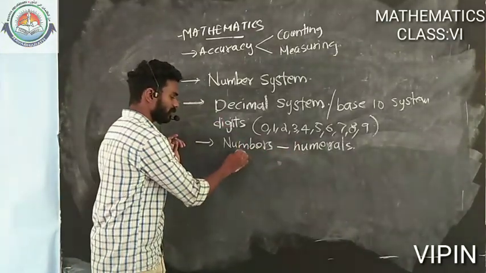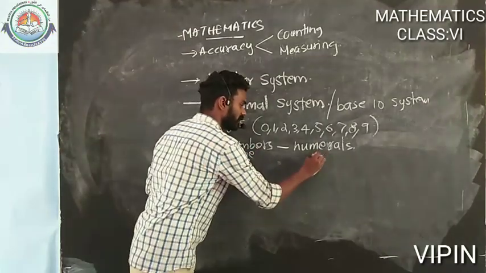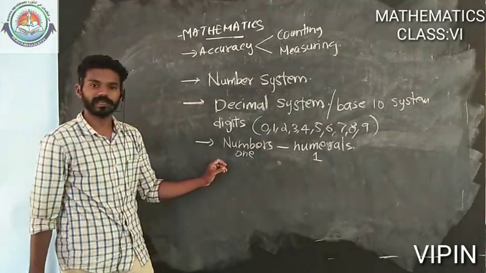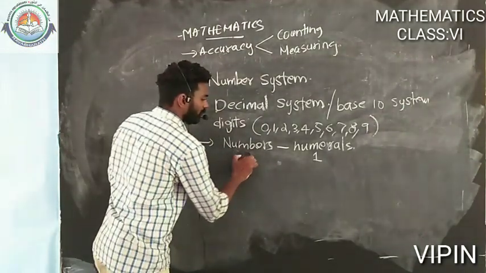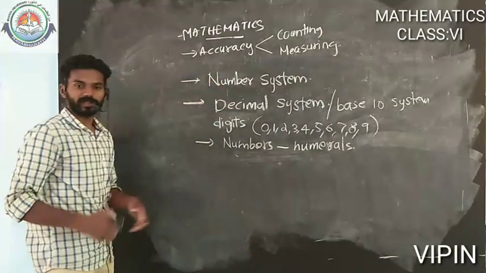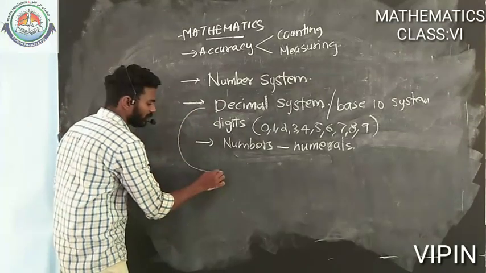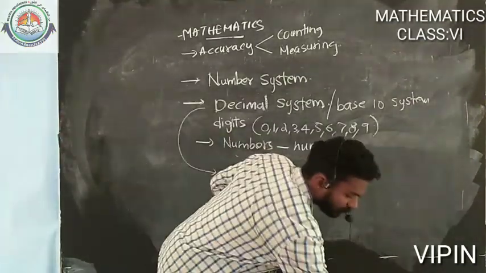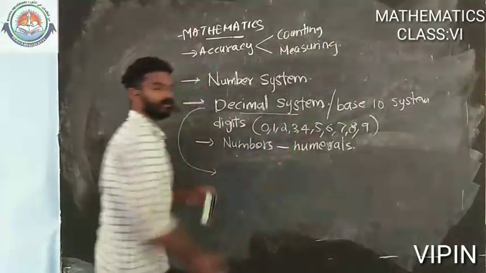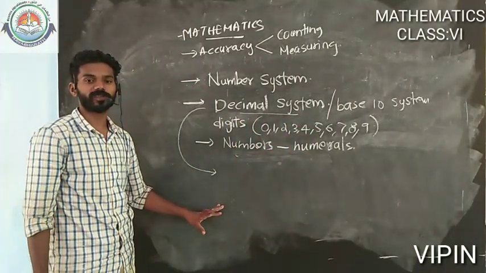For example, 1 is a number and its numeral is just like this. Clear? So that's all about numbers and numerals. Then we discussed different types of numbers in the decimal system.